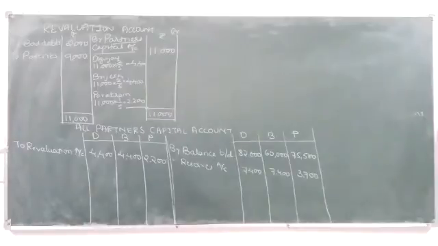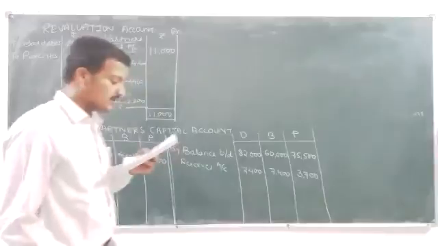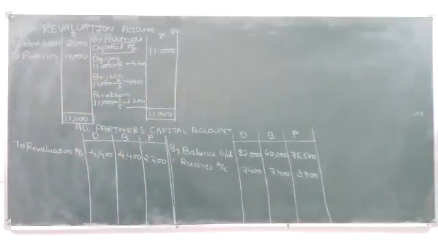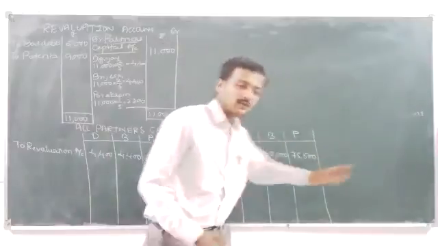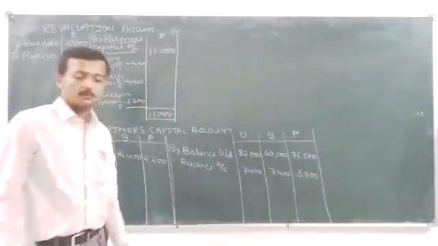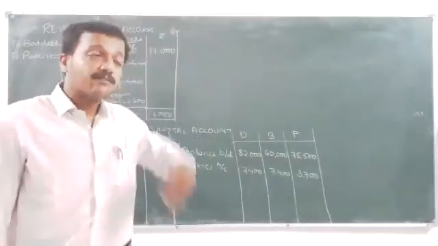We have adjusted everything, but the only thing we need to adjust is the goodwill value. Now this is a working which I am showing you as it is the first problem. They have given the goodwill of the firm.